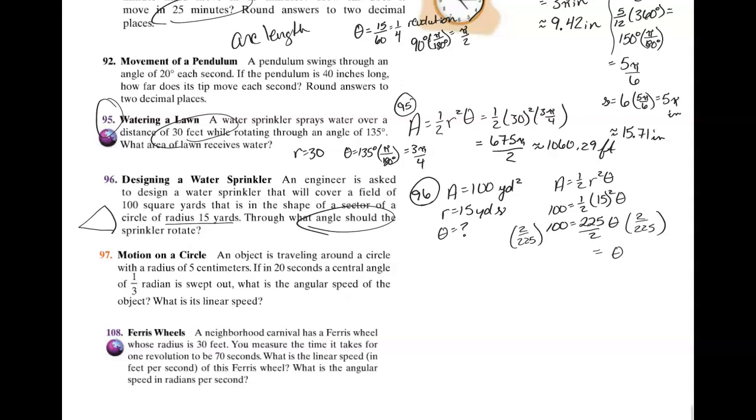So theta is 200 divided by 225, which is 8 over 9. But remember, this guy's in radians, and perhaps they want this in degrees. We could turn that into degrees by multiplying by 180 over pi. And we're going to get a decimal approximation for that. So I'm going to use the approximates.